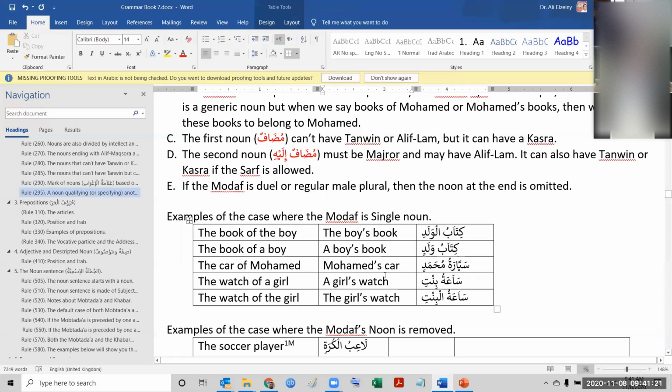Now, how do we say it in Arabic? We say kitabu waladin. Kitabu, the dhamma, because it's the default case. Waladin. Now, you ask me, how come here I have tanween, but here I don't have tanween?